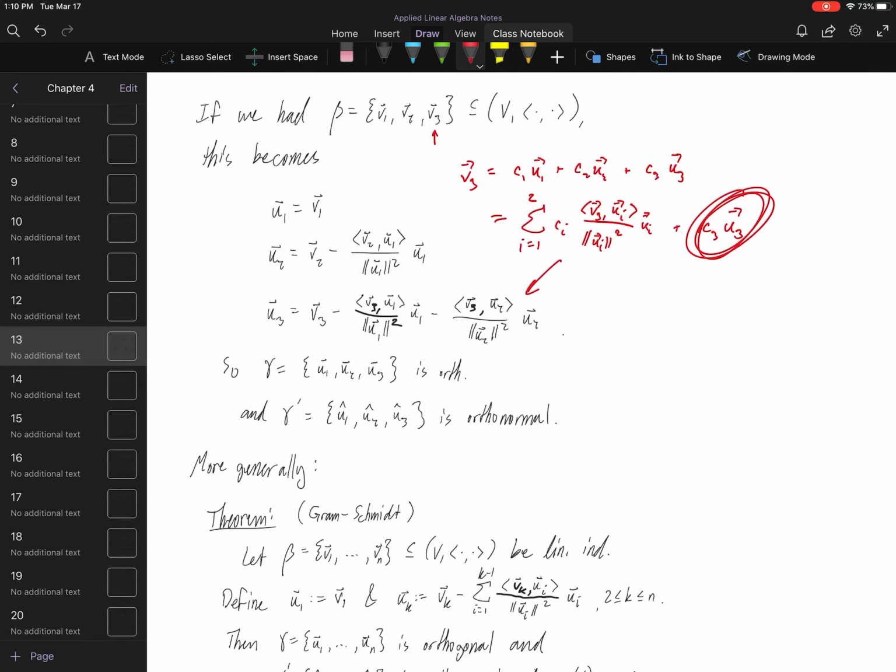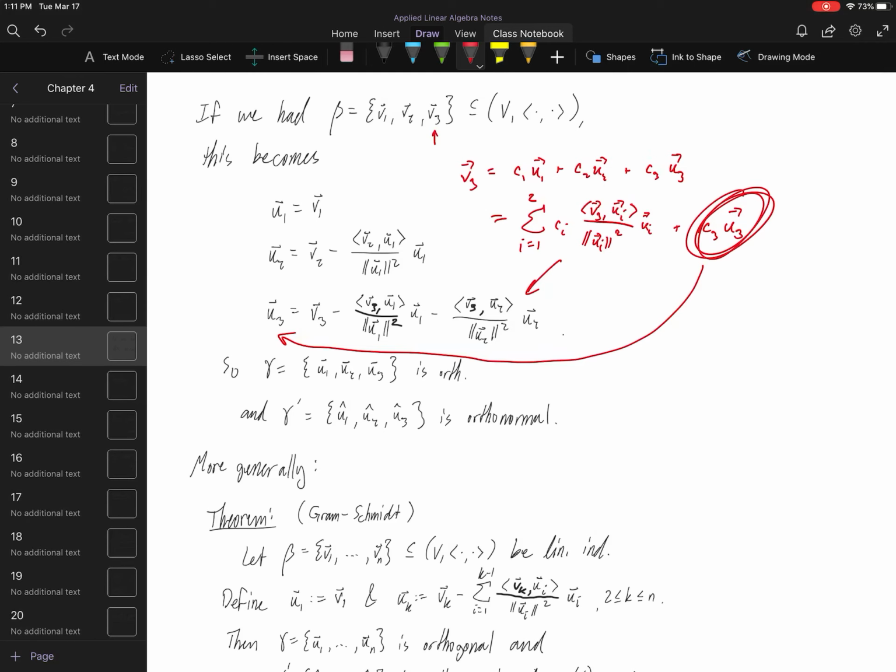And this is the vector I want. So what I have to do is shave off those components, right? I have to shave off the amount of V3 that lives in U1 and the amount of V3 that lives in U2. So the result here is that I wind up with a vector that I'm going to call U3.